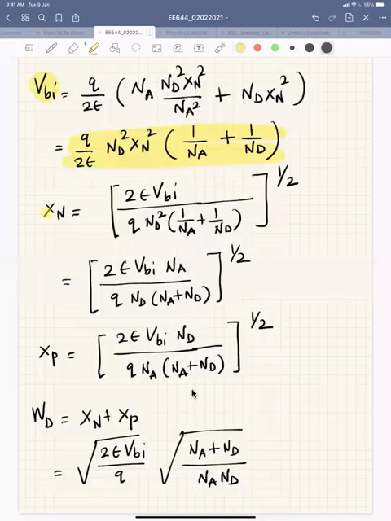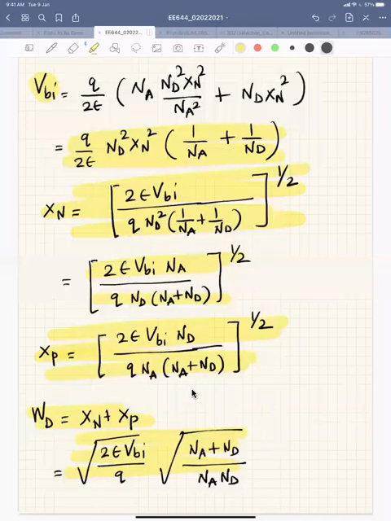The depletion width in the N side is xn equal to the root of 2 epsilon VBI times NA divided by q ND (NA plus ND). Similarly, xp you could write by this formula here, and the total depletion width is xn plus xp.